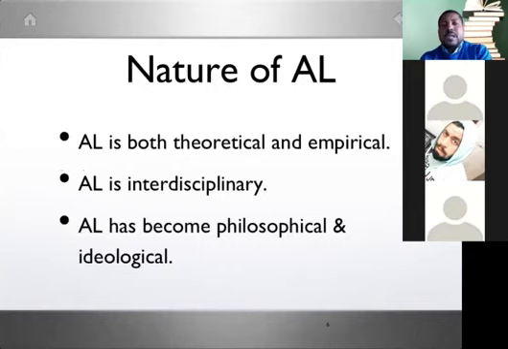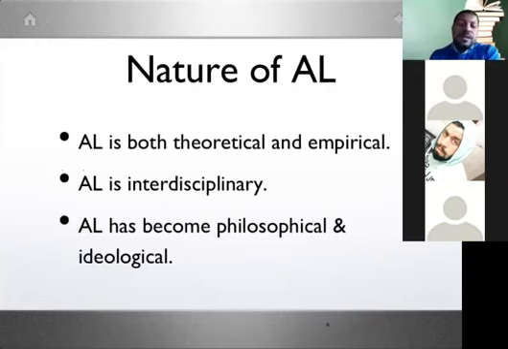But lately, right after the 60s, around the 60s, applied linguists started to relate phenomena, especially language-related phenomena, to social context. They try to explain the phenomena related to language in relation to social context.